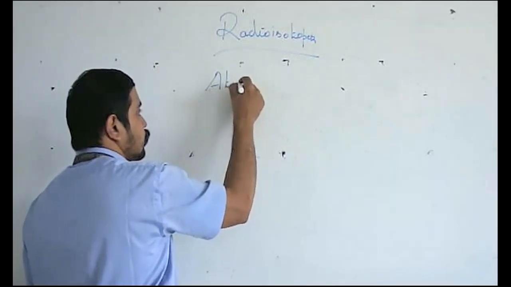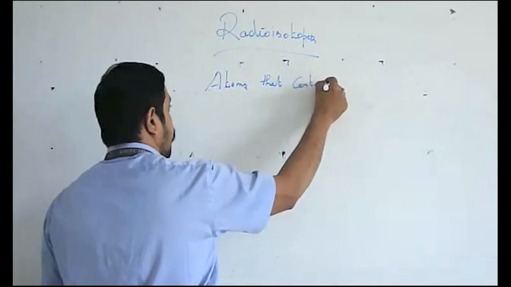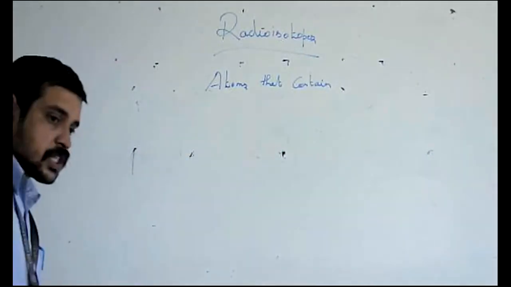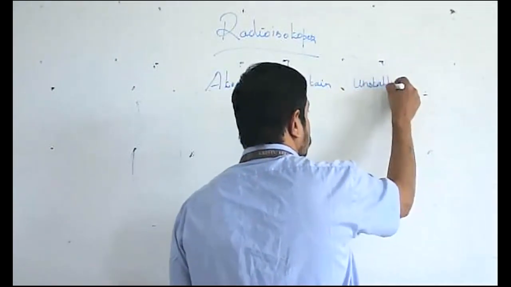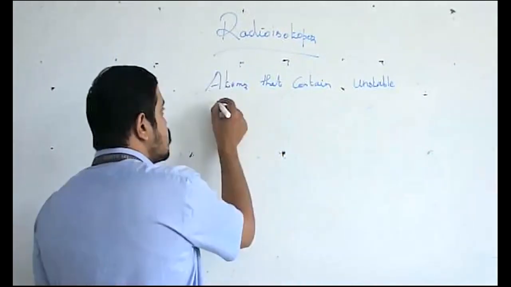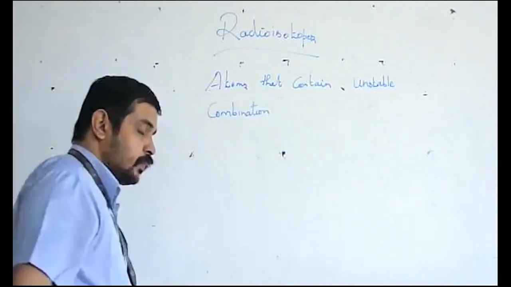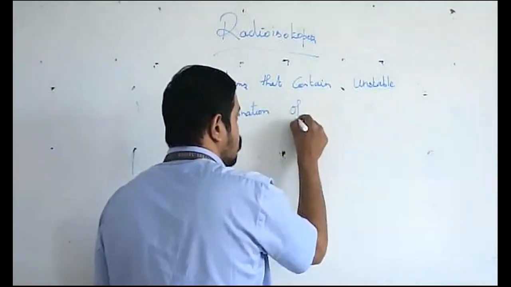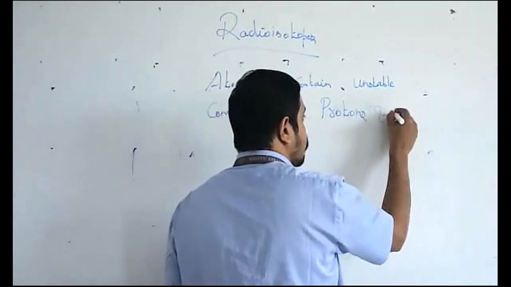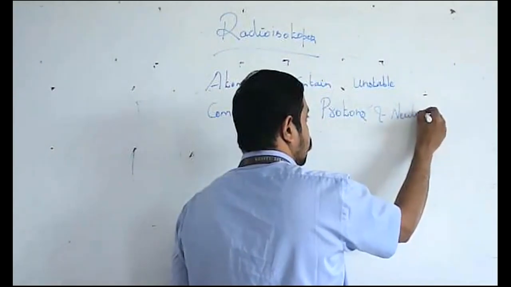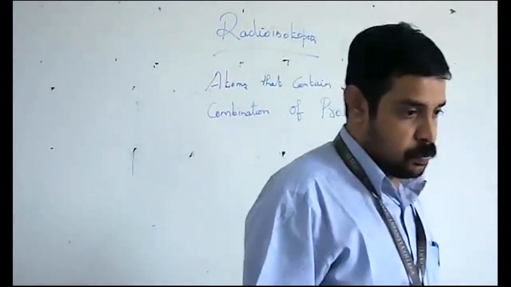Atoms that contain an unstable combination of protons and neutrons are called radioisotopes.